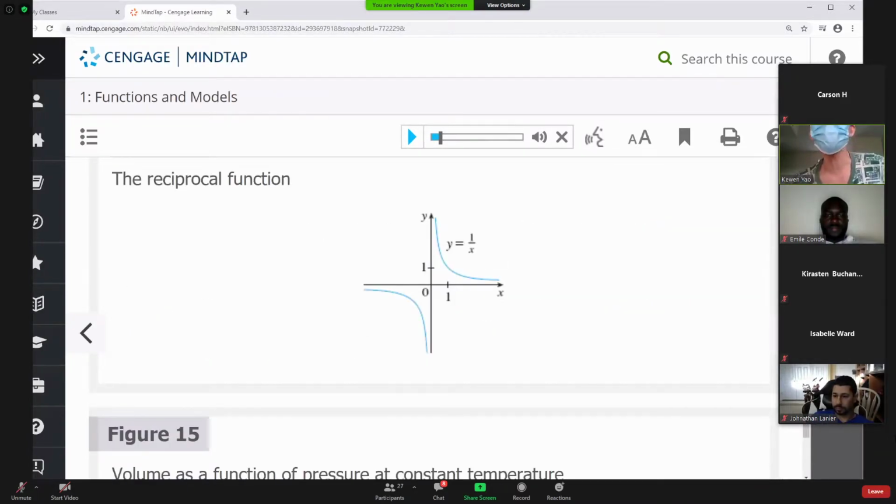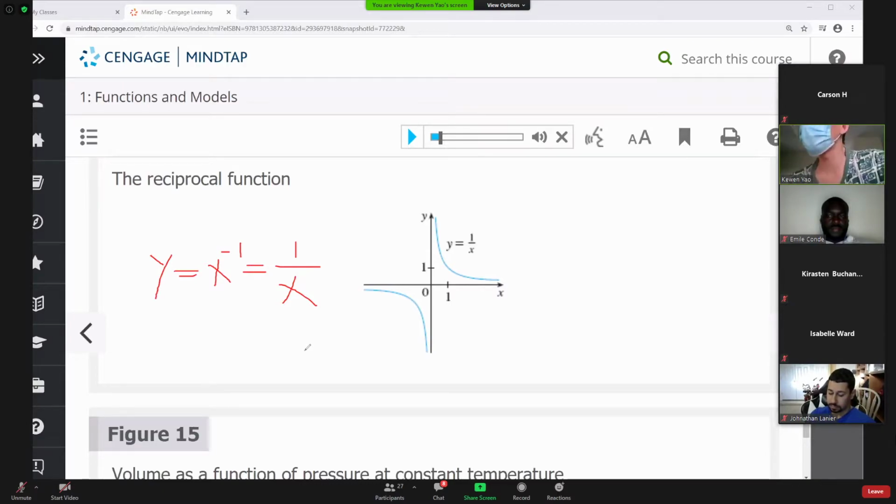With a equal to negative 1, x to the power negative 1 is equal to 1 over x. Now, x is in the denominator, so x cannot be 0. If x equals 0, 1 over 0 does not make sense.